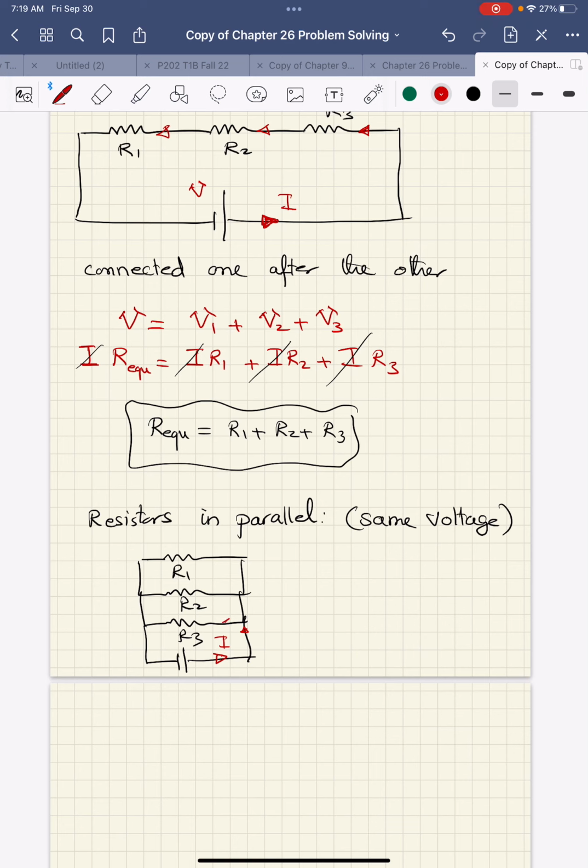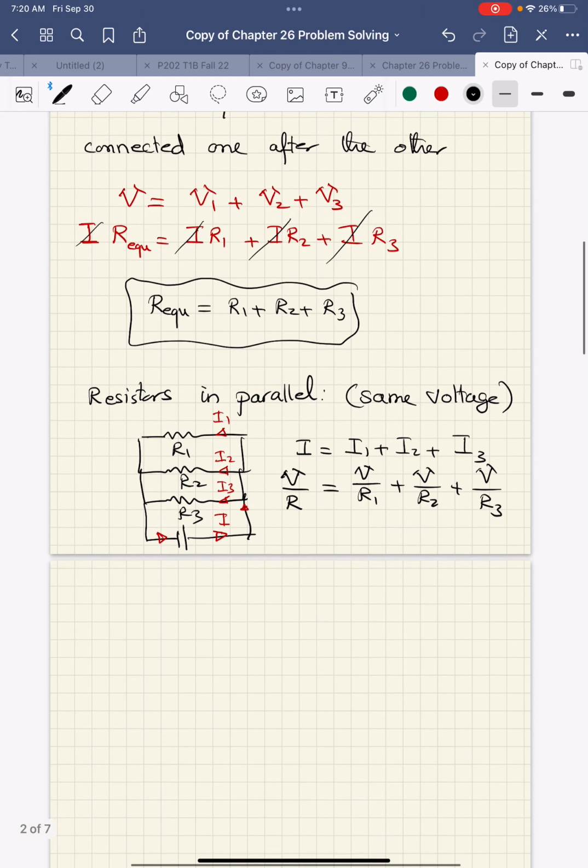I'm going to call this R3, this R2, and this R1, and then here they gather together and become the total current. I equals I1 plus I2 plus I3. I have the same voltage, so this is V over R equals V over R1 plus V over R2 plus V over R3.